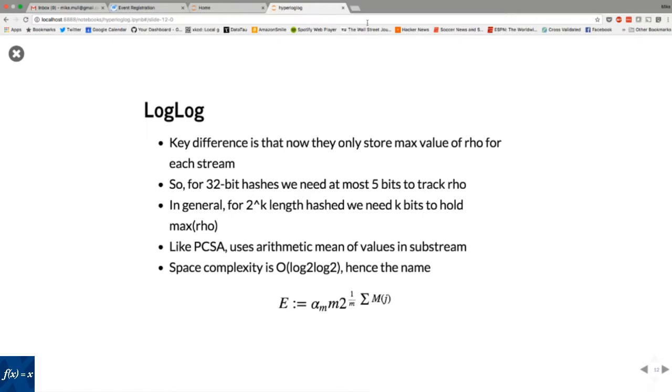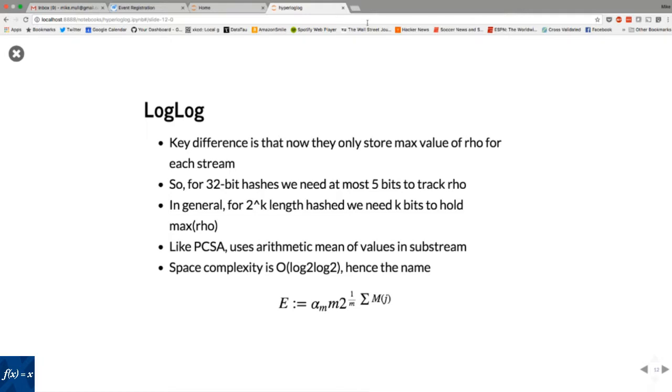So the space complexity of LogLog is log log, hence the name. And I won't go too much into SuperLogLog because the algorithm is basically the same. They made some engineering improvements to get the error better, but the basic idea is very much the same.